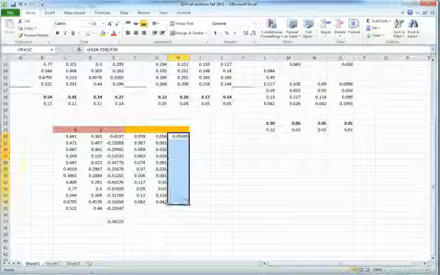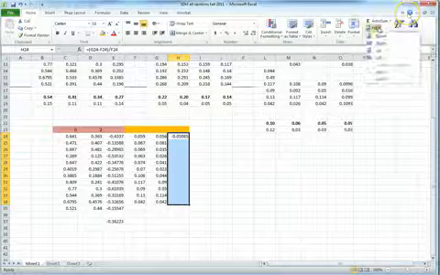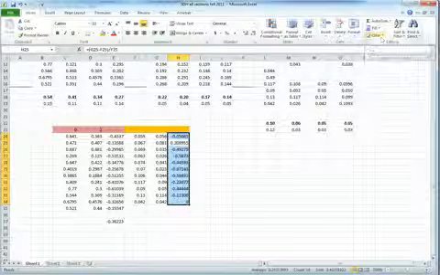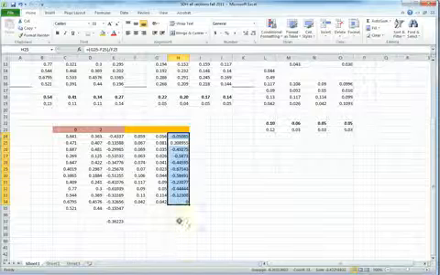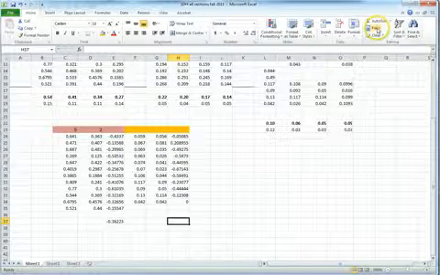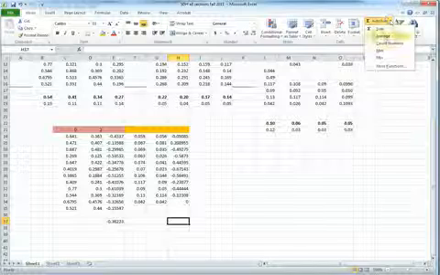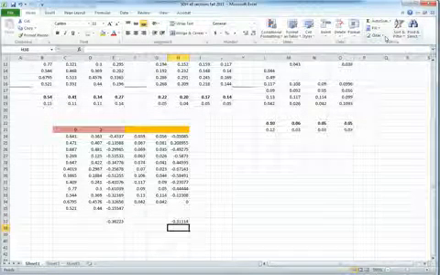And I just cut the wrong one. Fill down. There we go. That looks right. And I also want to average this number.